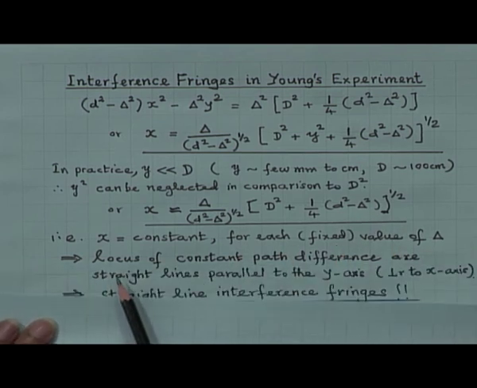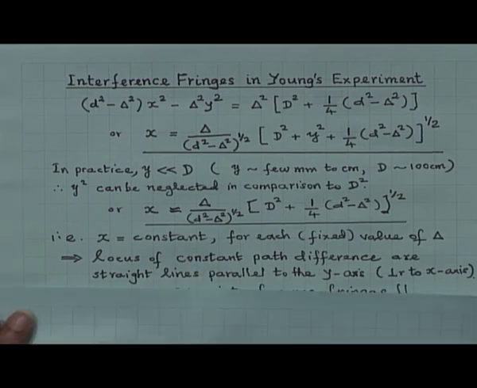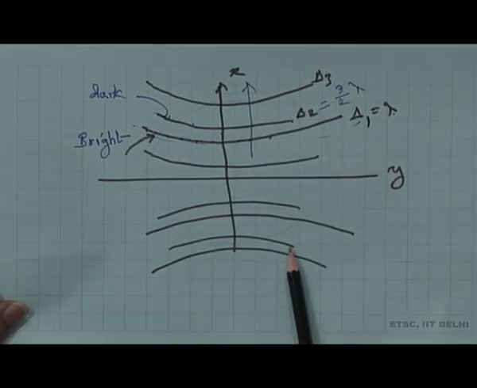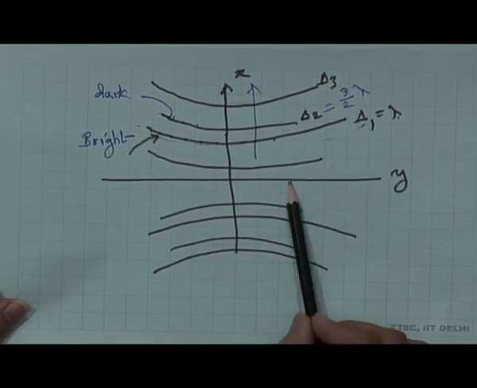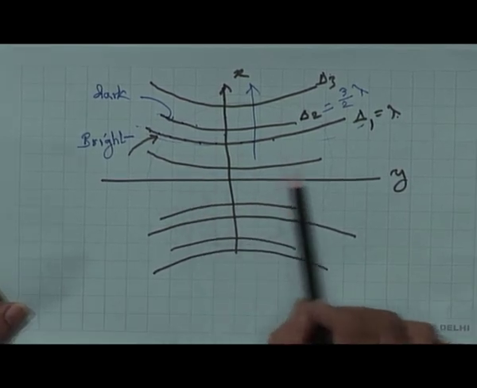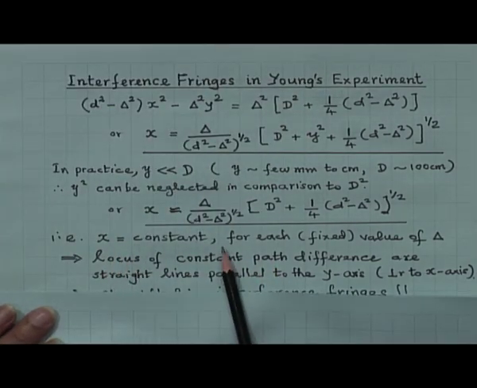This implies that the loci of constant path difference are straight lines parallel to the y axis, x equal to constant. These are straight lines, unlike this hyperbola. The hyperbola is the exact solution, but if x and y are much smaller than D, then this will turn out to be a straight line, so x equal to constant for each fixed value of delta.